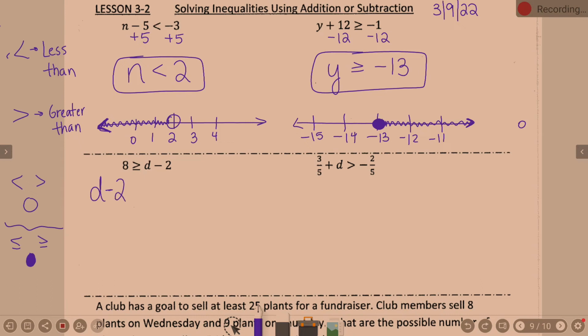That means I'm going to take my 8 and put it on the right. Now, since I just flipped my sides, what do you think has to happen with that sign in the middle? It has to flip. This is the only time we're going to be flipping the signs today: if you flip your sides of the inequality, greater than or equal to becomes less than or equal to.